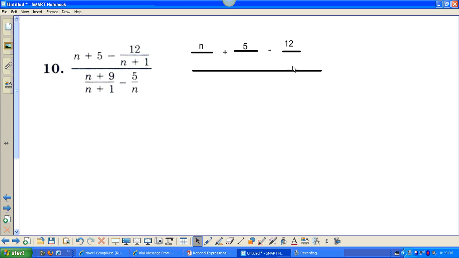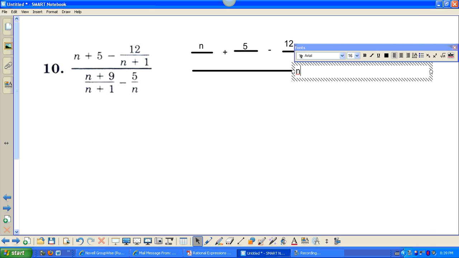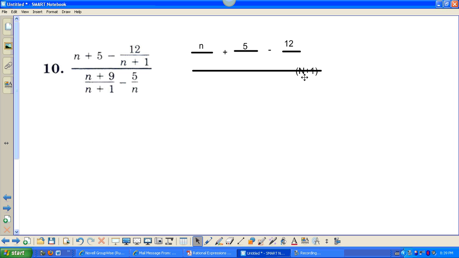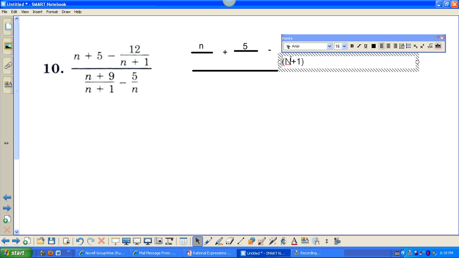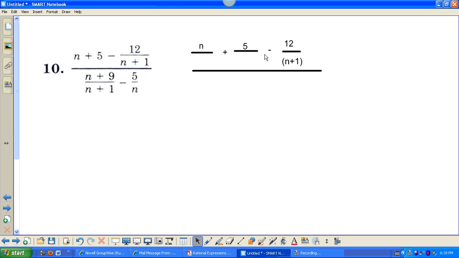Okay, so 12 already has an n plus 1 as a denominator. I cannot type tonight. Do I have caps lock on? Now they're off, okay. Now, if I want to make an n plus 1 down here, then I have to multiply the top and the bottom by 1, which is n plus 1, and I have to do the same thing over here.